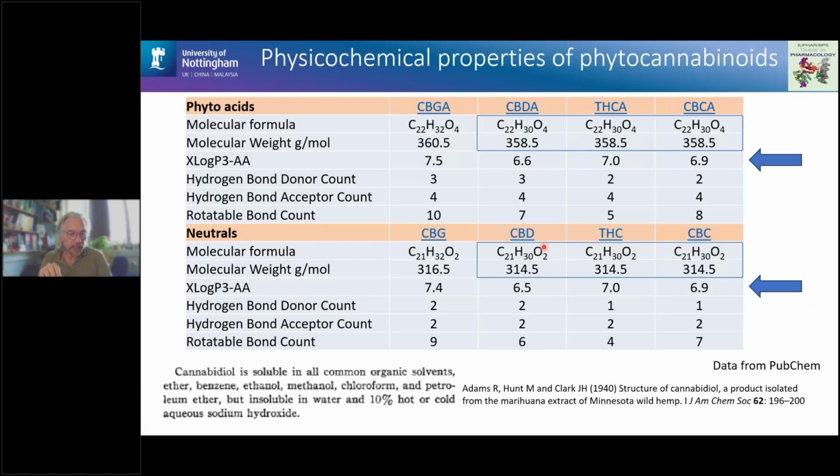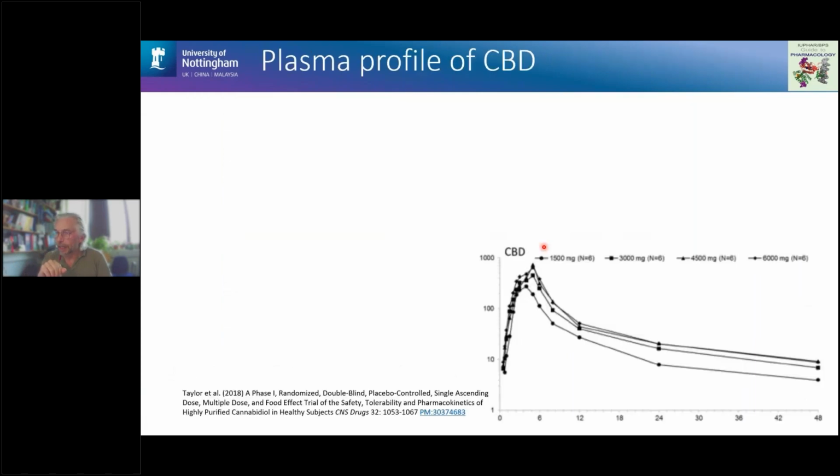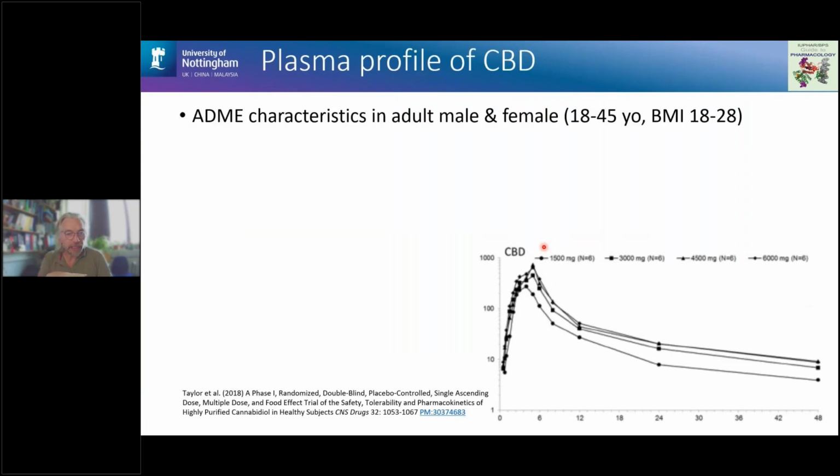So aqueous solubility is limiting, and that means that we'd expect it to have a low absorption in the gut. And indeed, when people have looked at this in studies, this is what we see.